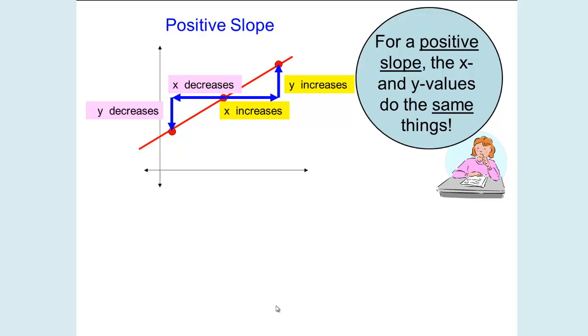As x decreases, y decreases. For a positive slope, the x and y values do the same thing. Notice the underlines there. That will help you remember. For positive slope, the x and y are doing the same thing.